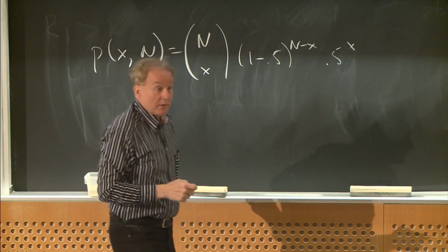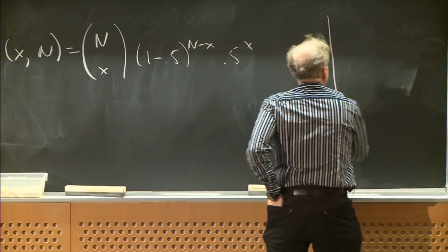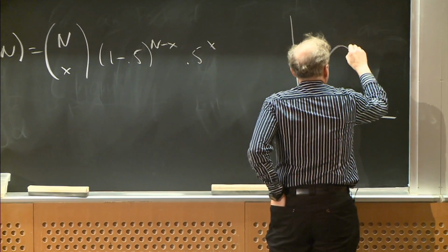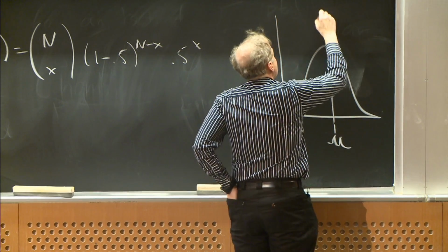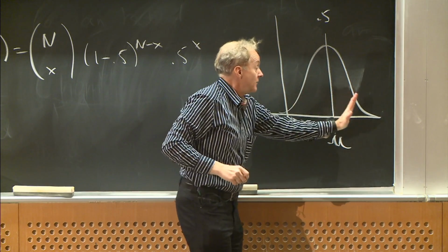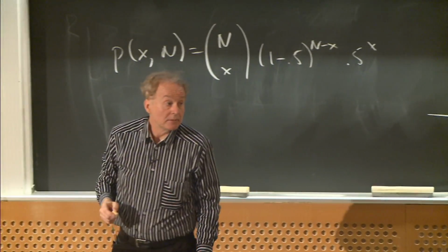So if you look at this, the probability distribution for the children is going to look something like this, where this is the mean, 0.5. And the number of distinct values is going to be n plus 1, right?